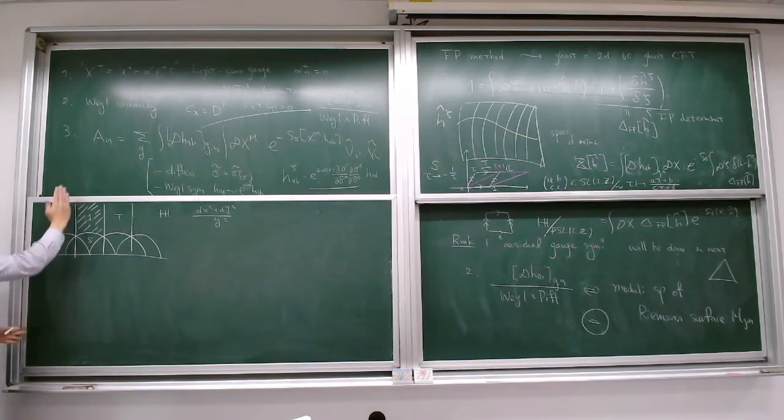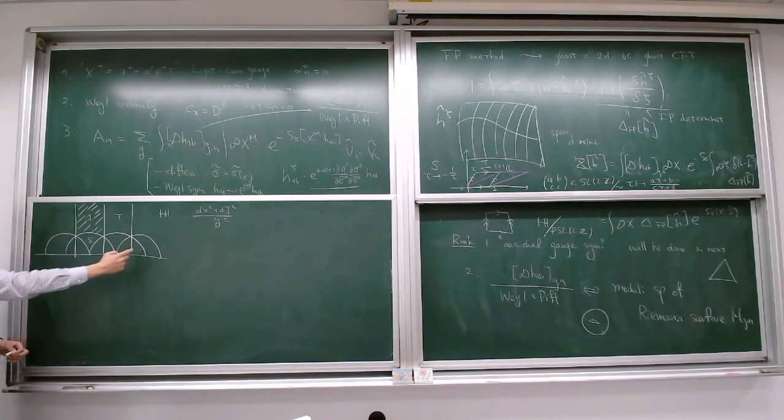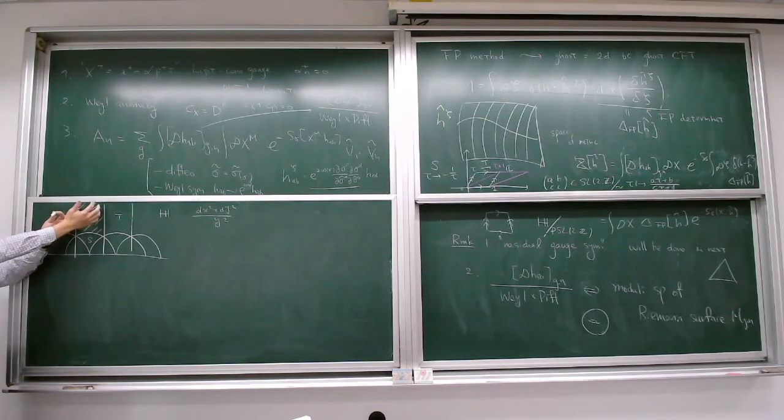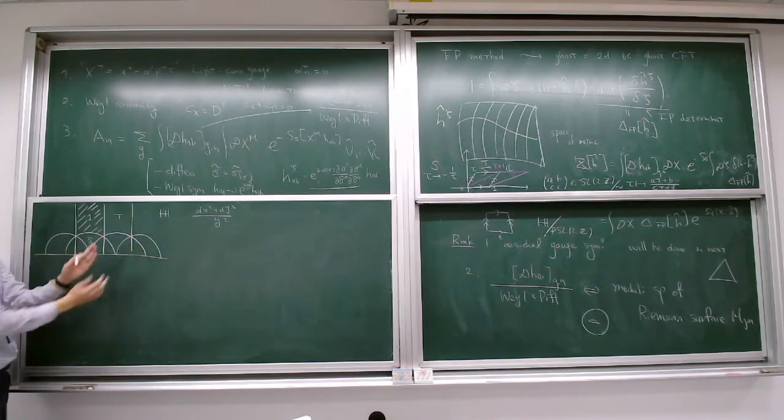This is a geodesic; the S transformation maps this geodesic to this circle. And this S transformation maps this domain in the upper half plane to this region. This one is just a shift.